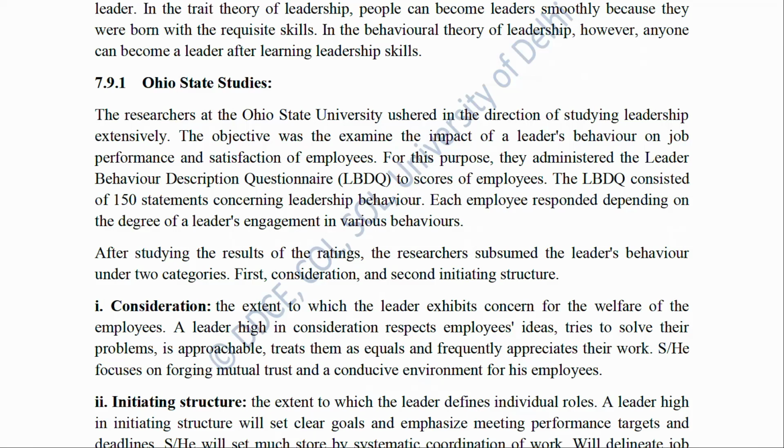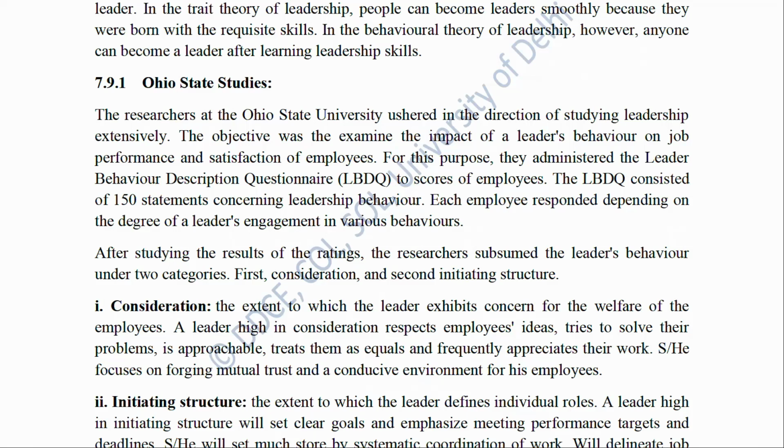For this purpose, they administered the Leader Behavior Description Questionnaire, that is LBDQ, to scores of employees. The LBDQ consisted of 150 statements concerning leadership behavior. Each employee responded depending on the degree of a leader's engagement in various behaviors.